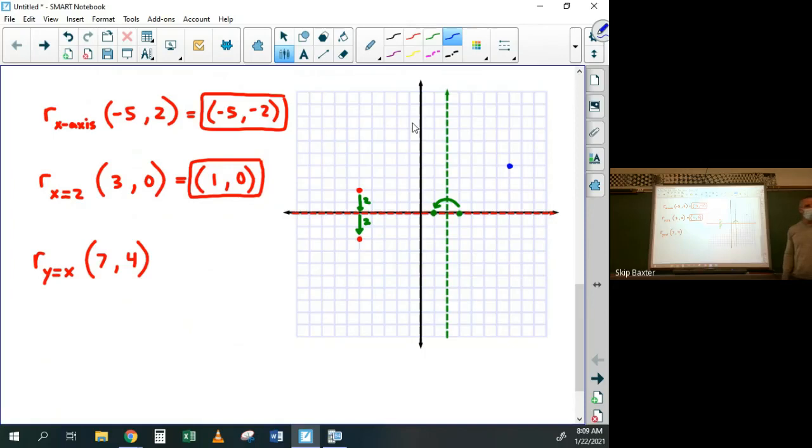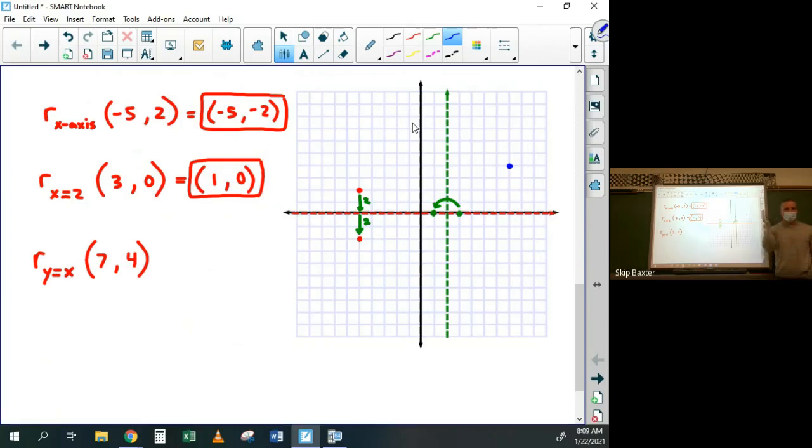A vertical line? It's not. Vertical lines have an equation x equals some number. Oh, horizontal. Horizontal lines have an equation y equals some number. What if it's y equals x? It's through the middle point, yeah, but what does it look like?